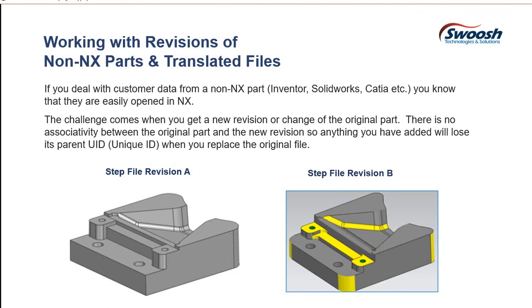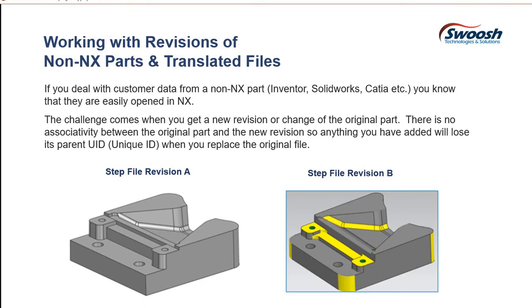Now within NX, this isn't a problem. If you start working on a file in NX, it's revision A, then you do Save As to create a revision B part. It passes all of the face information from revision A to revision B, and it does that based on unique identifiers for faces and edges.